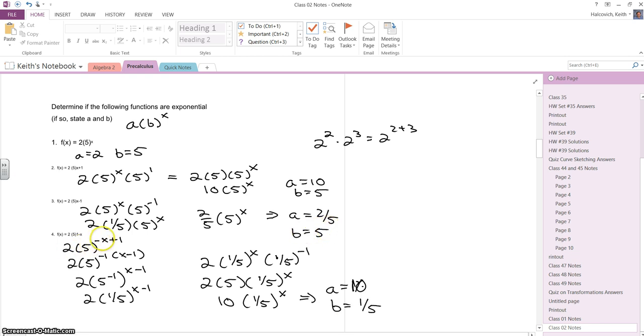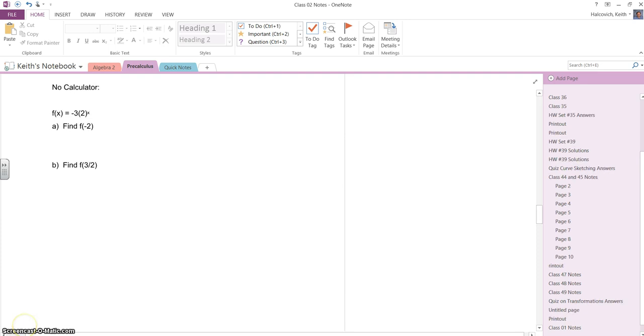All right, the reason why it's important to do this is because eventually this will help us to determine if it's exponential growth or decay. Without using a calculator, we're going to do these problems and remember that whenever it's a fractional exponent, the top one stands for the power or the exponent. The bottom one stands for the root.